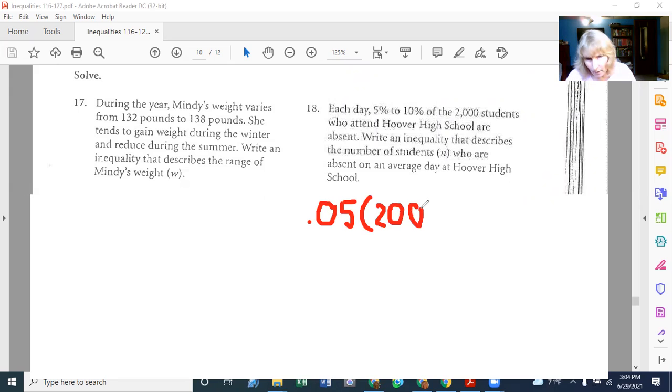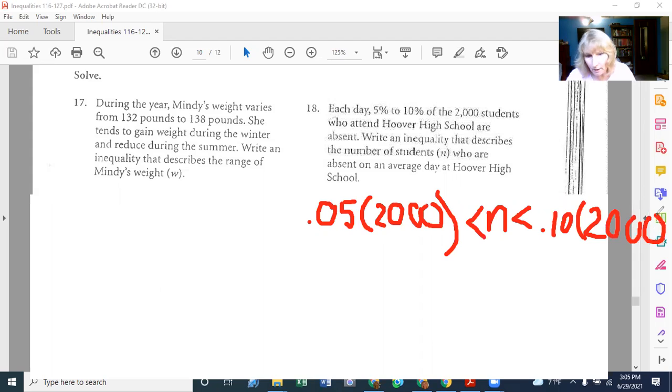The number of students N is going to be greater than the lower parameter, but less than the upper parameter, 0.10, 10% of 2,000. Then you would just calculate those values, and that would be your inequality.